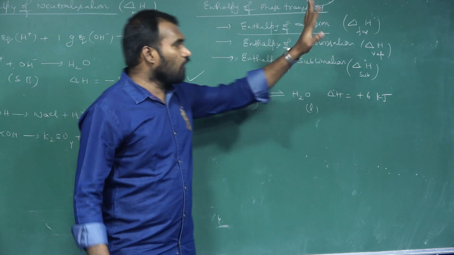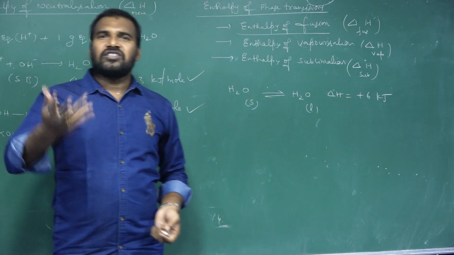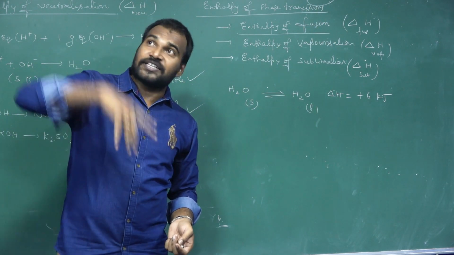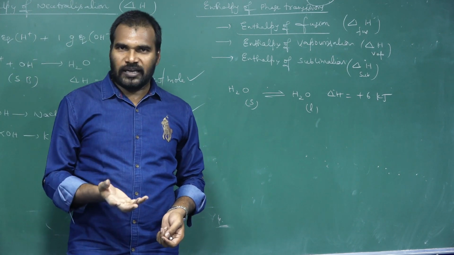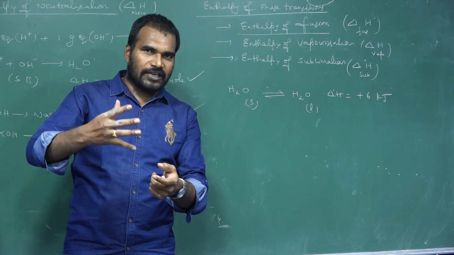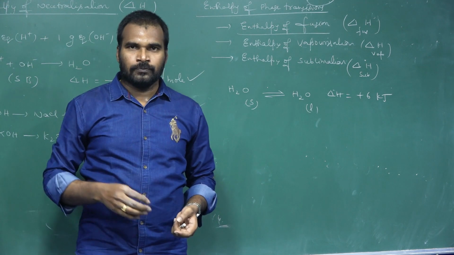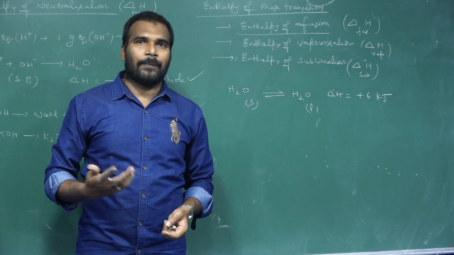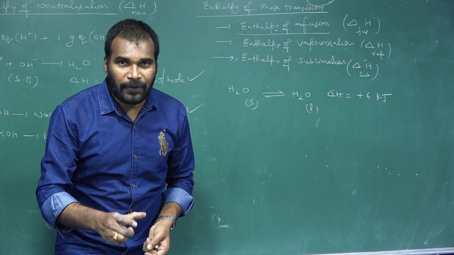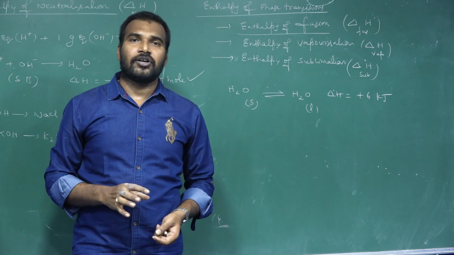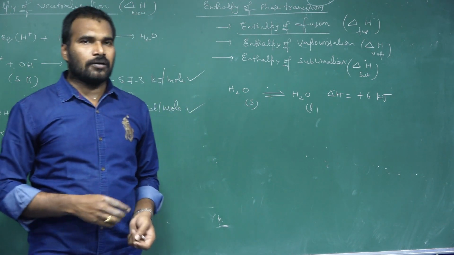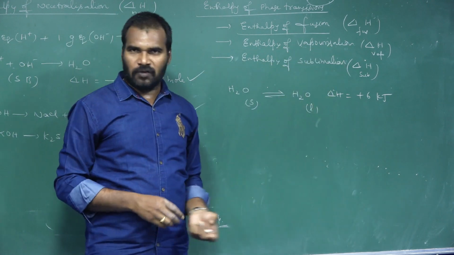Okay, next, enthalpy of vaporization. Vaporization means conversion of liquids into vapors. If you heat liquid water, it becomes water vapor, and that process we call vaporization. During the vaporization of 1 mole of liquid water into vapors, whatever the change in enthalpy, we call it enthalpy of vaporization.